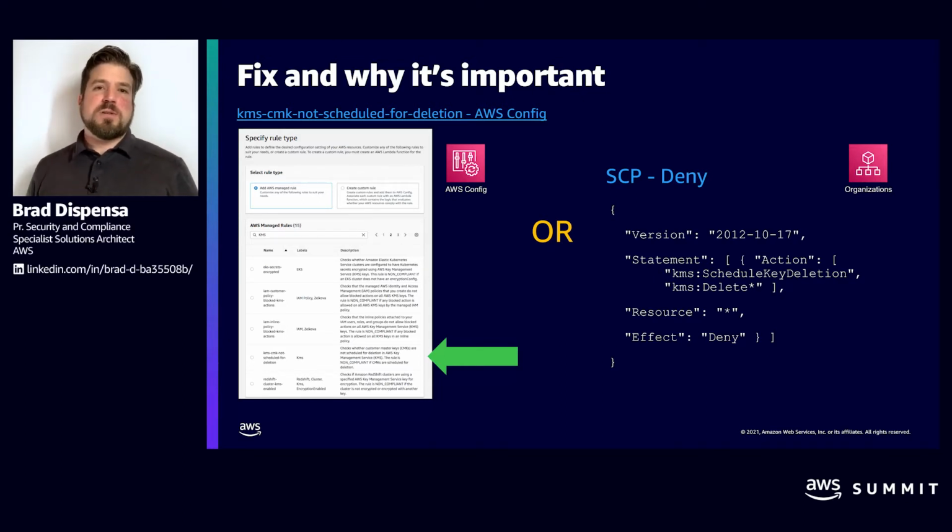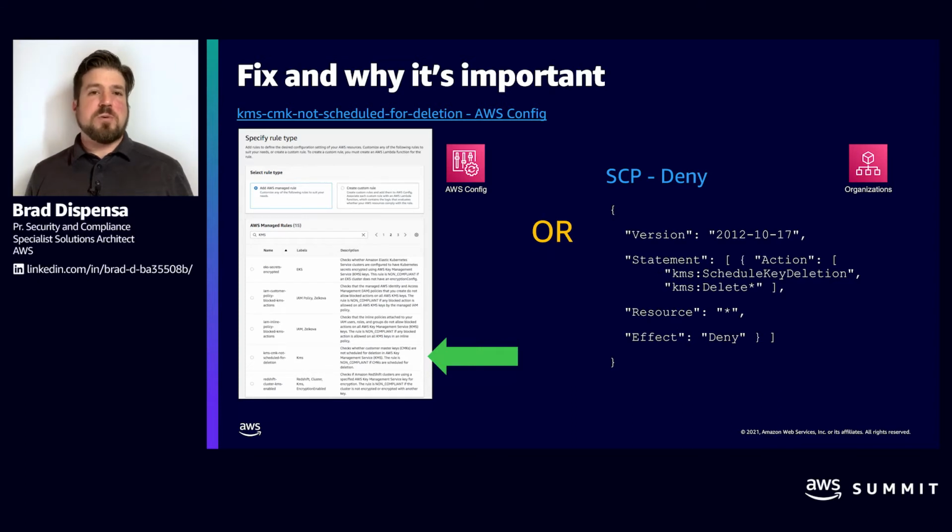Or we can also use a more wide function, which would be a service control policy. In this case, you can see I'm using an SCP deny operation that would deny at the account level the scheduled key deletion and KMS key delete API. The downside to using an SCP is that all principals in the account, including the root principal, cannot perform these operations.